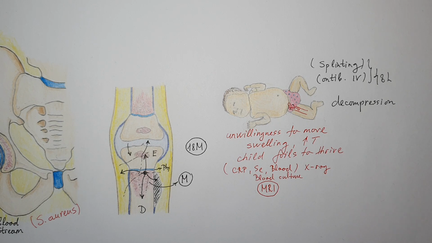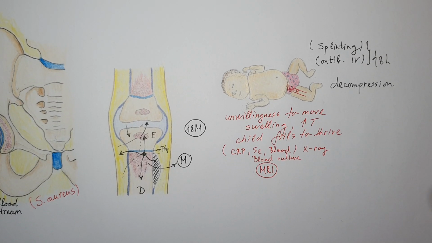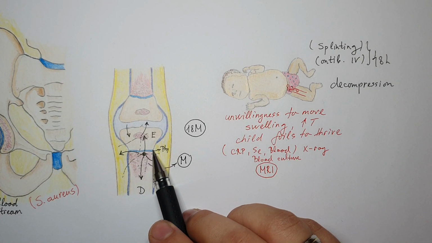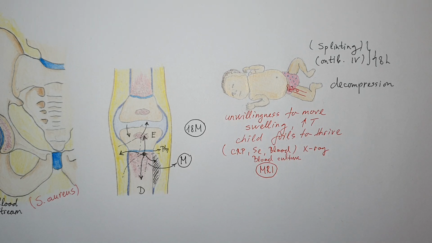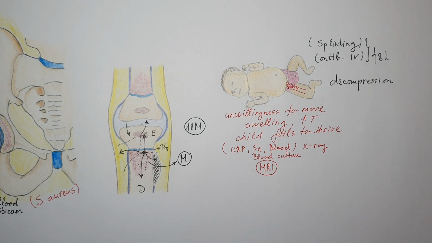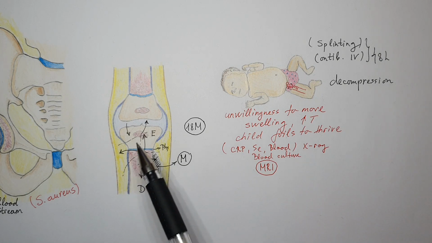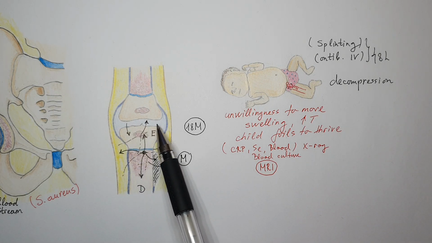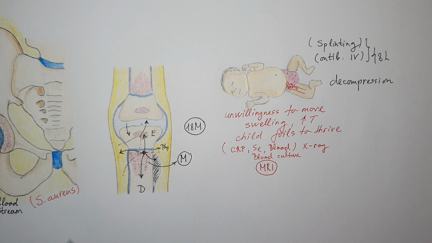So basically, if there is no treatment with antibiotics, the infection can damage the growth plate, the physis, which will result in growth abnormalities of the bone, in deformations. Also, infection of the joint can cause severe arthrosis and destruction of the cartilage.